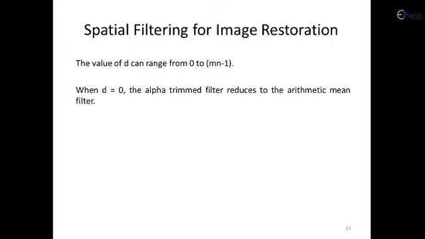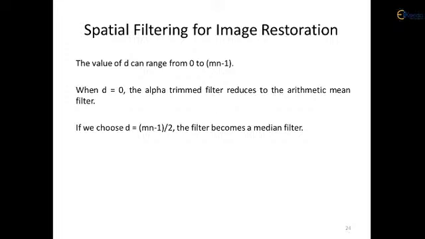If we select d at the midpoint of the range 0 to mn minus 1, that is mn minus 1 divided by 2, this is nothing but the median filter, the first type of order statistic filter we discussed before.